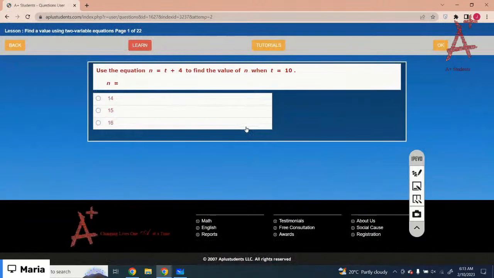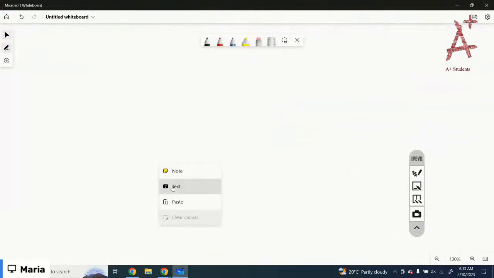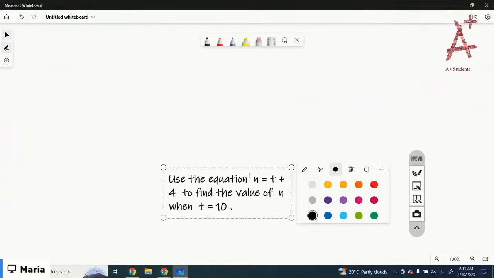Okay, the first one is use the equation n equals t plus 4 and find the value of n. So you are given the equation n equals t plus 4.